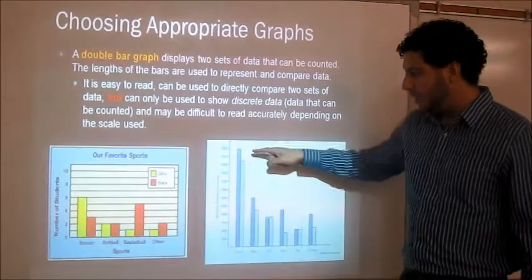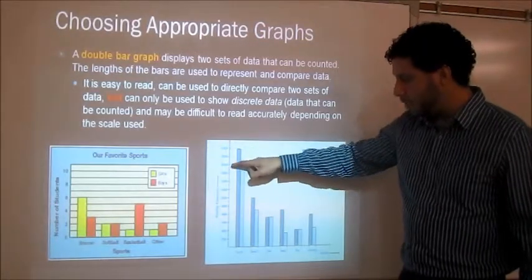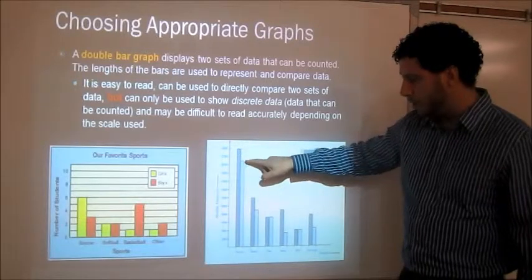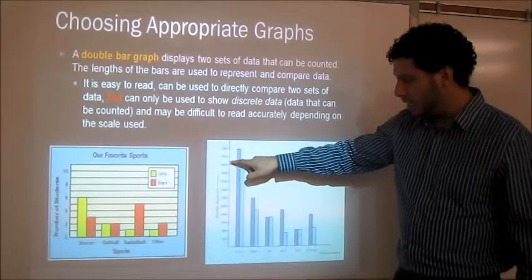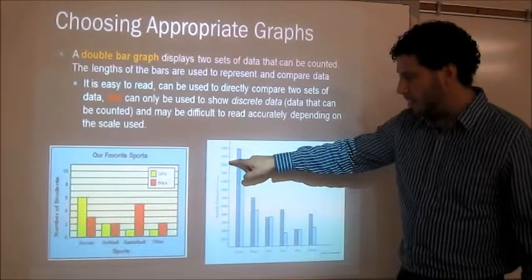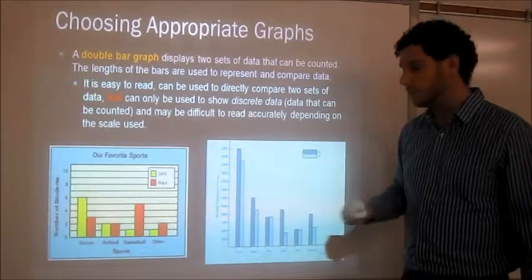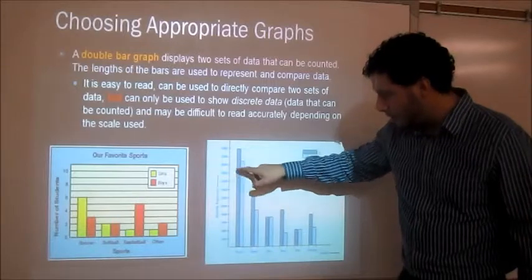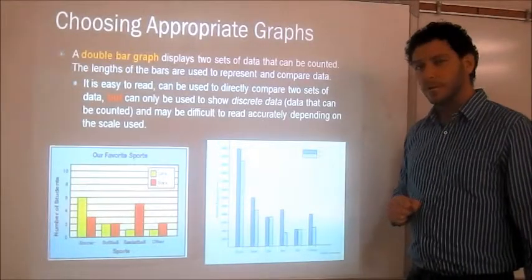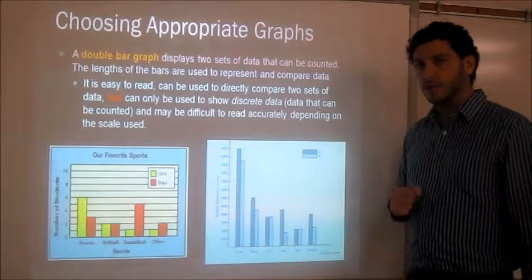So any column that lands between those two values, let's say 2,000 and 2,200, has a value that is not accurately determined. We'd have to estimate that that would be approximately 2,100 here. So that is also a limitation of bar graphs.